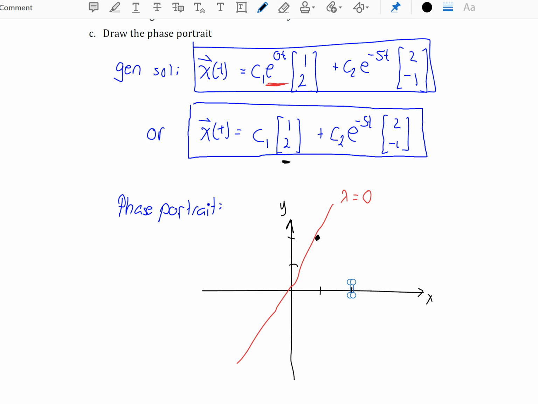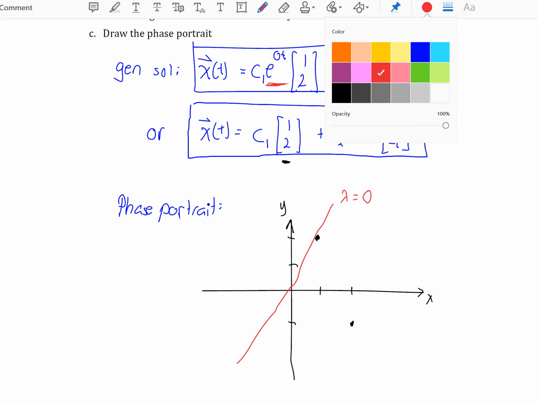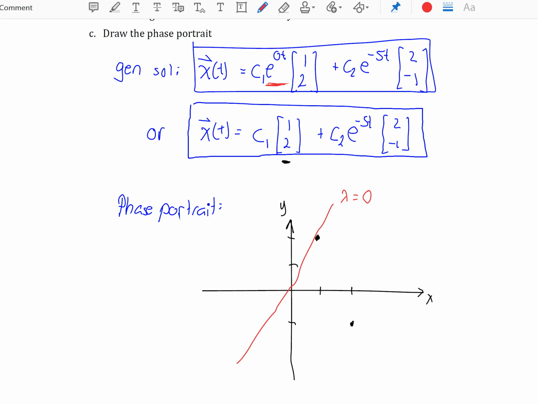So 2 to the right, 1 down, it'll go through this point. Okay, so let's now draw a line through our second point. And let's label it with its eigenvalue.